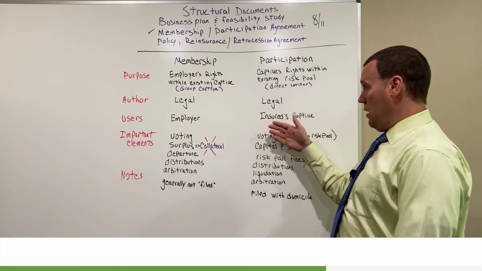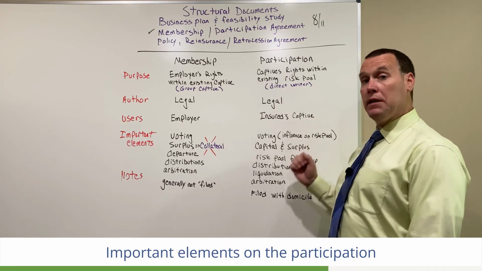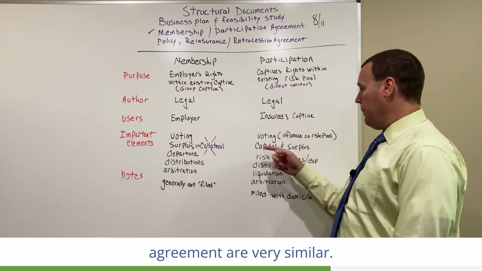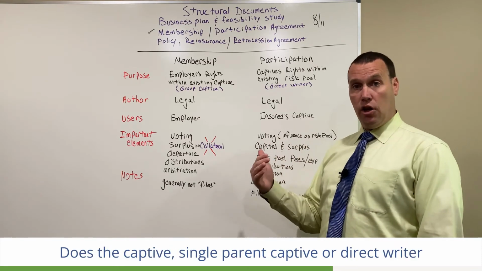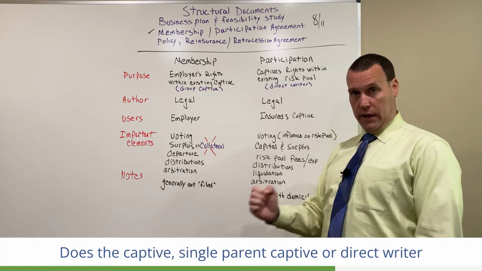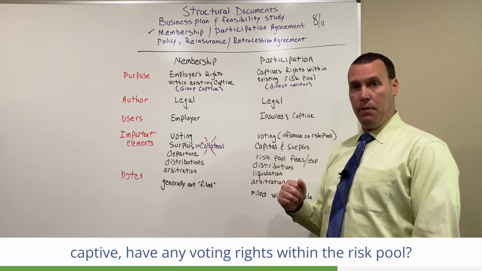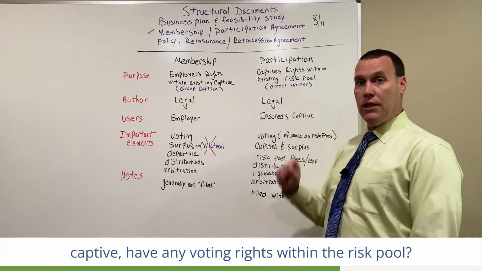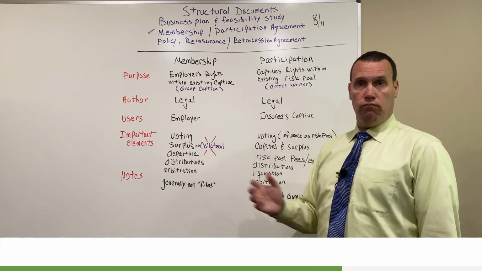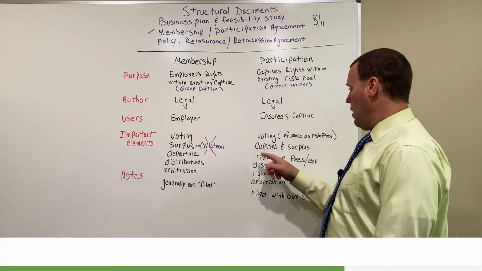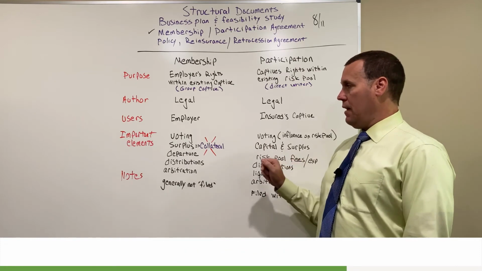Okay. Important elements on the participation agreement are very similar. Voting. Does the captive, single parent captive or direct writer captive, have any voting rights within the risk pool? You may or may not. Capital and surplus.